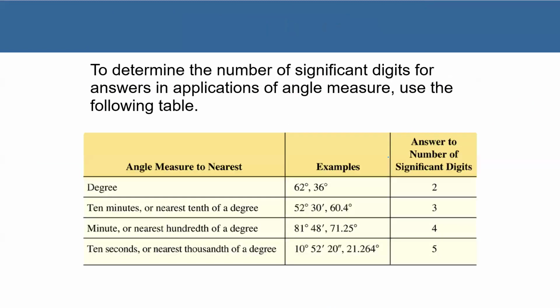Let's go back to our table. So remember right here, we talked about in our example where it says if you're at 10 minutes or nearest 10th of a degree, this is 3 significant digits. The 52, the 3, that 0 is not counting as a significant digit. Why? What if it's a 1? If it's a 1, then it would be a significant digit. But when it's a 0 there, it's not.